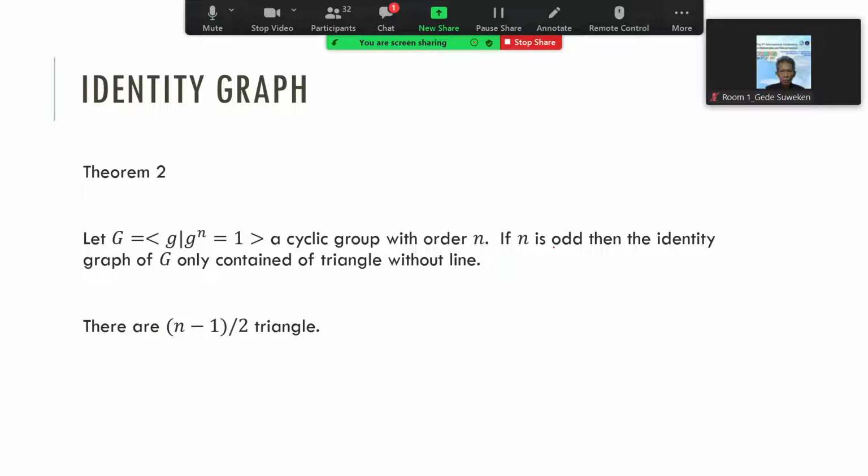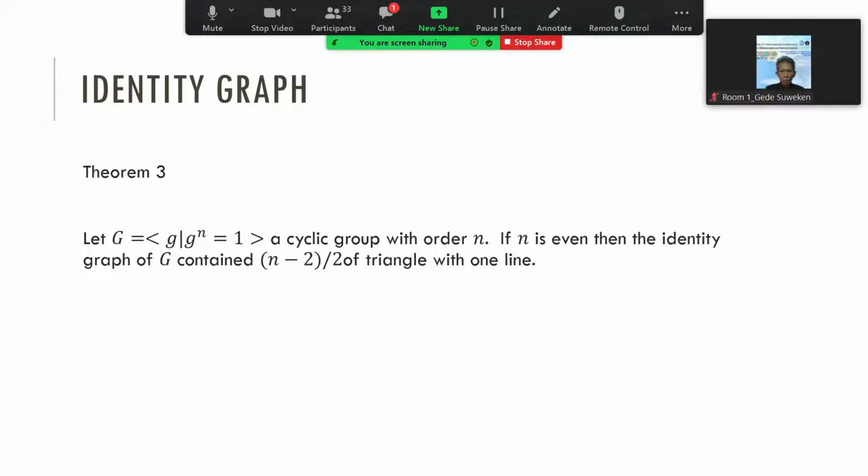If the order n is odd, then the identity graph of G only contains triangles without lines, with the same number. The third theorem is, if the order of the cyclic group is even, then the identity graph contains (n minus 1) per 2 triangles with 1 line. This theorem only works on cyclic groups.